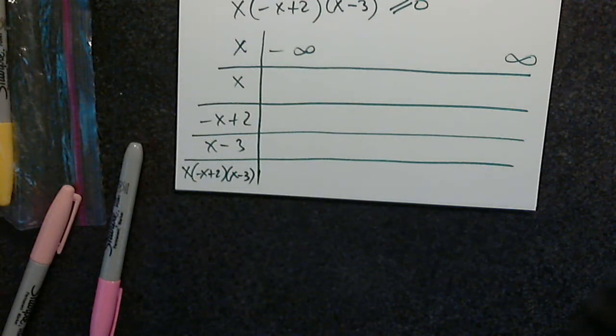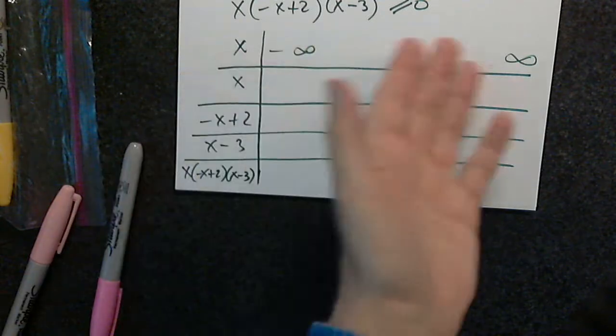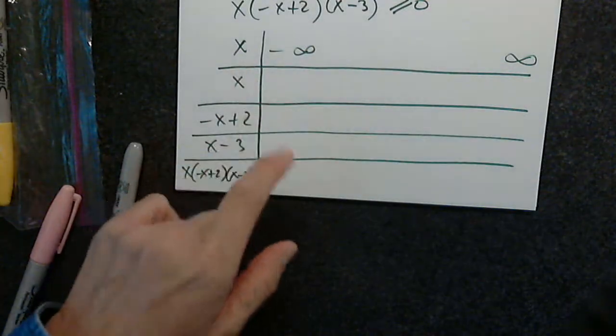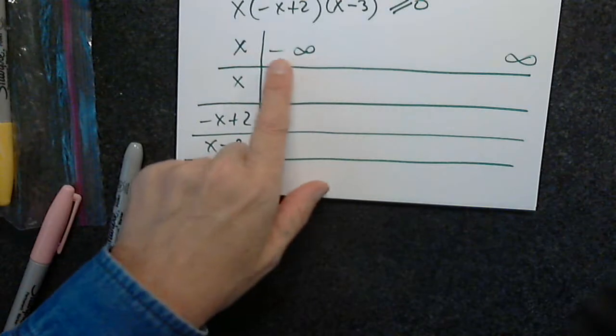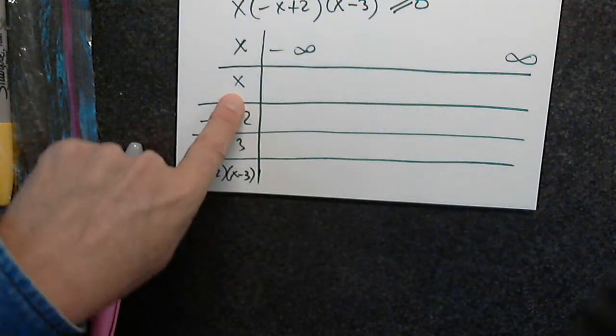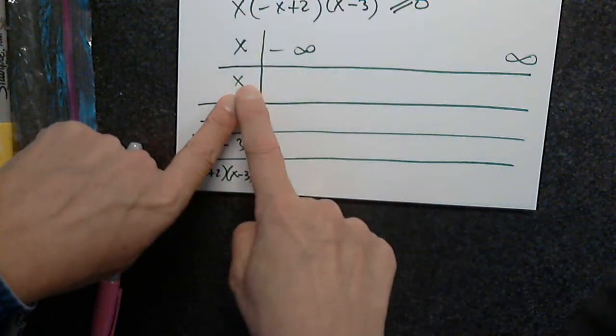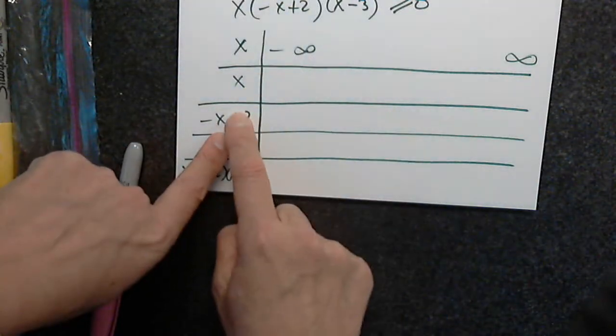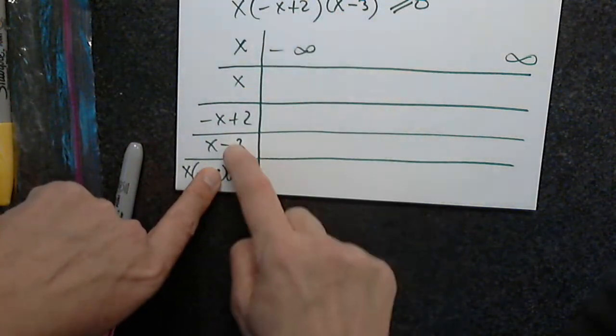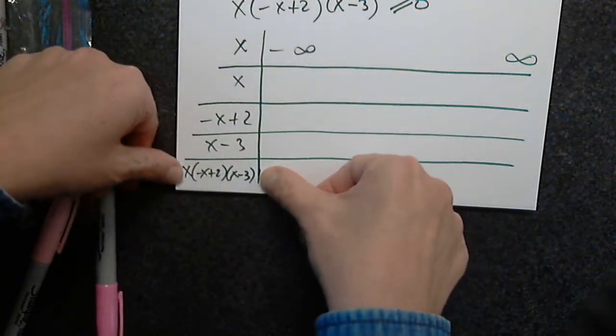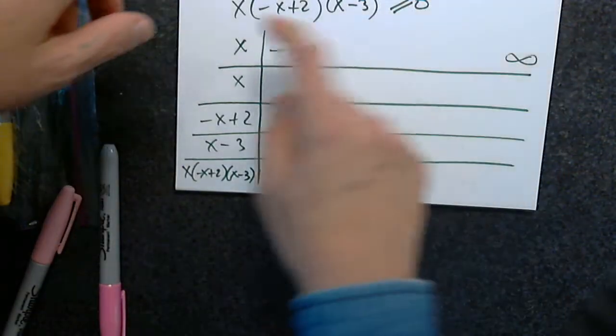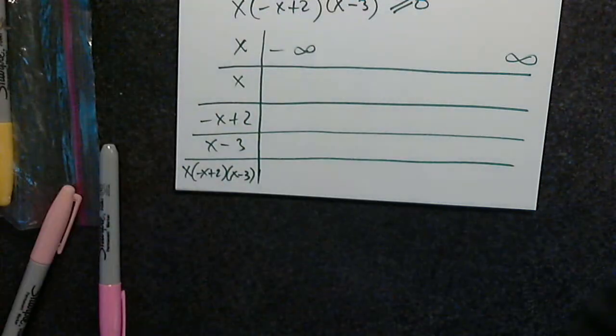That's the only reason. If I had y in the problem, I would have put y here. So this is the values of x, or the variable. This is the first factor. This is the second factor. And this is the third factor. Of course, this is what I'm interested in. I'm interested in this product. I'm not interested in each and every one of them by themselves. I'm interested in the whole thing, in the whole product.